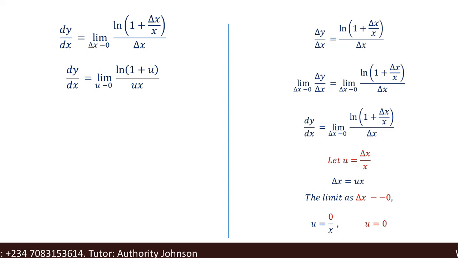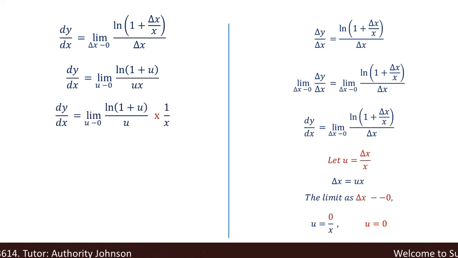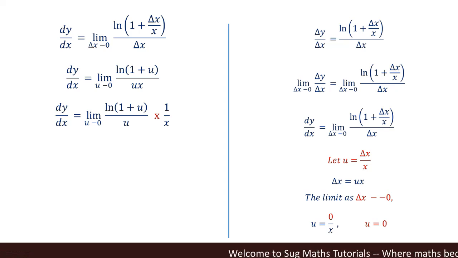In this case, where we have ux in the denominator, I can split it into 2 like this. It's permitted. We have ln of 1 plus u all over u times 1 all over x. If you multiply these two together, the numerator multiplied by the numerator, denominator multiplied by the denominator, is going to give you the same ln of 1 plus u all over ux.